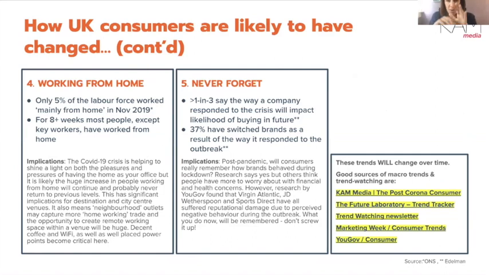A couple more macro trends, very important to, even if it doesn't directly affect you, just keep in the back of your head while you're working through this marketing playbook. Number 4, working from home. Again, a huge proportion of the population have spent the last few months working from home. It was only 5% in November 2019 who mainly worked from home.